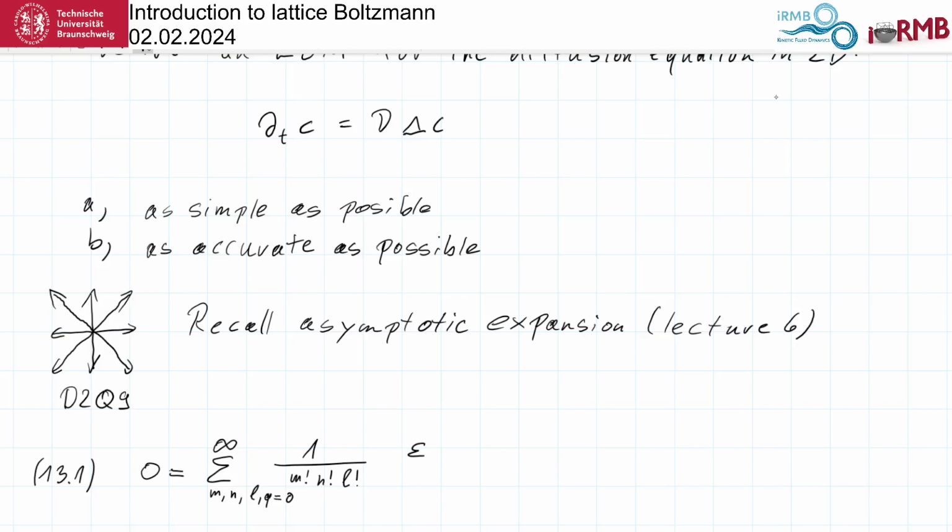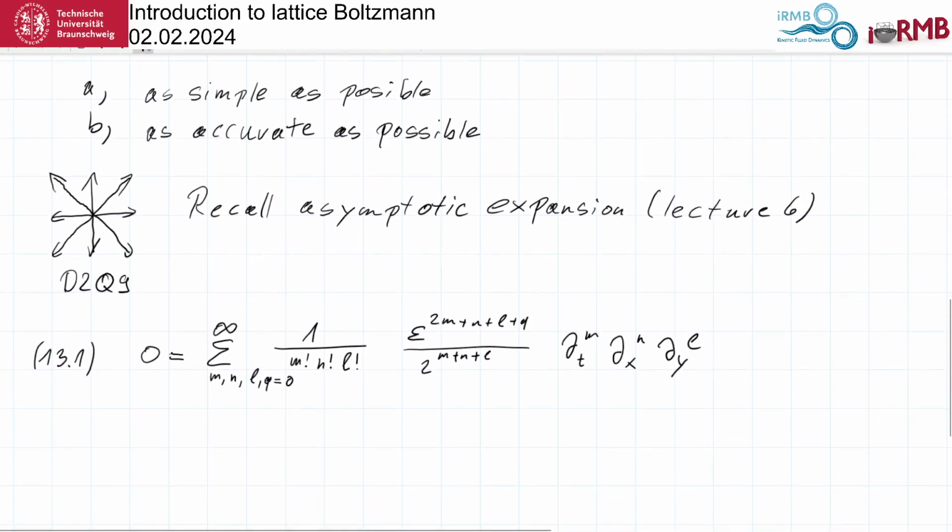Here comes the smallness parameter epsilon to the power of m plus n plus L plus q, divided by 2. And then the derivatives, the mth derivative in t, the nth derivative in x, and the Lth derivative in y. And of course, this equation is too long for one line, so I will continue in the next line.